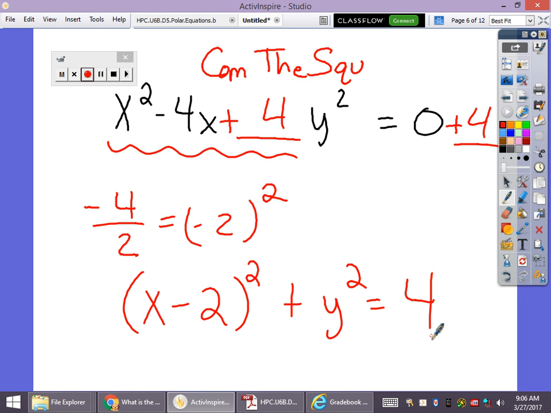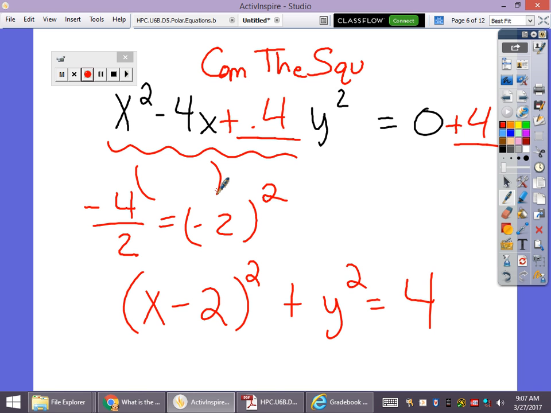Because when I completed the square, I can now factor this, which is x minus 2, and then square. Polars are circular equations, although it can also be a horizontal line or a vertical line if there's only an x or a y.